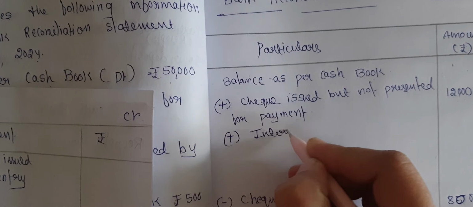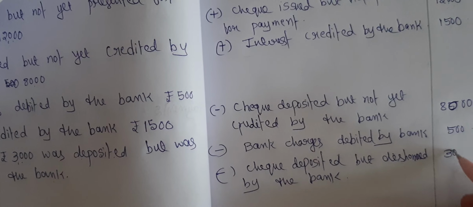We have to deduct this transaction: check deposited but dishonored by the bank, that is rupees 3000.